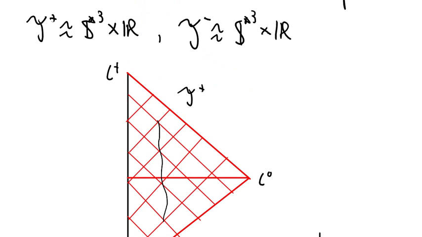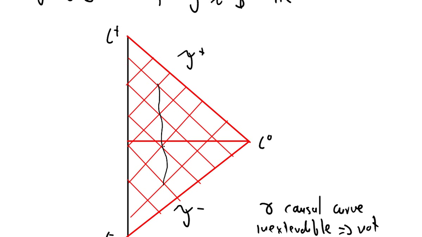And so, for example, this is a causal curve, but it's extendable, because I can just extend it and put it as a subset of any other causal curve.